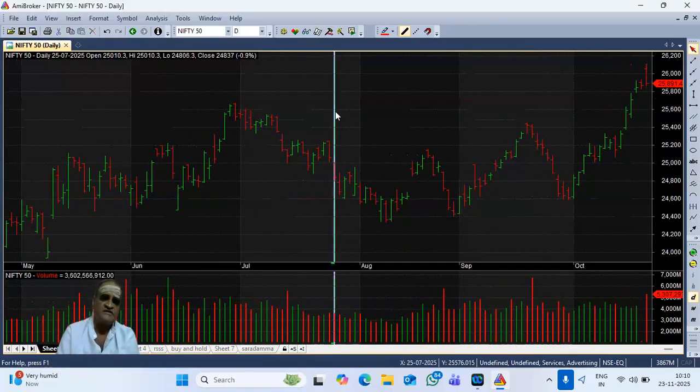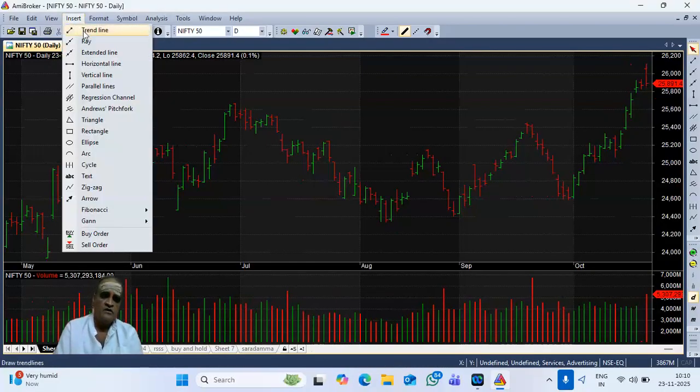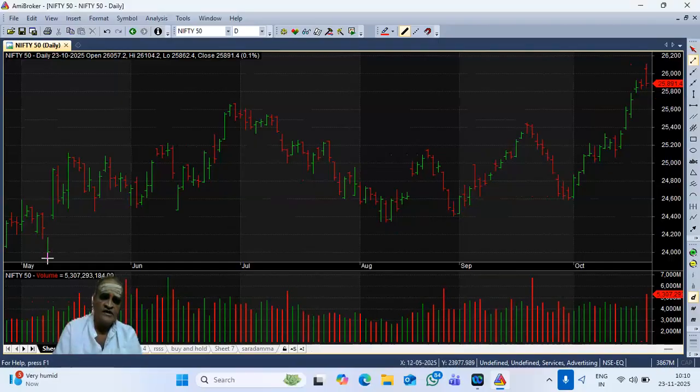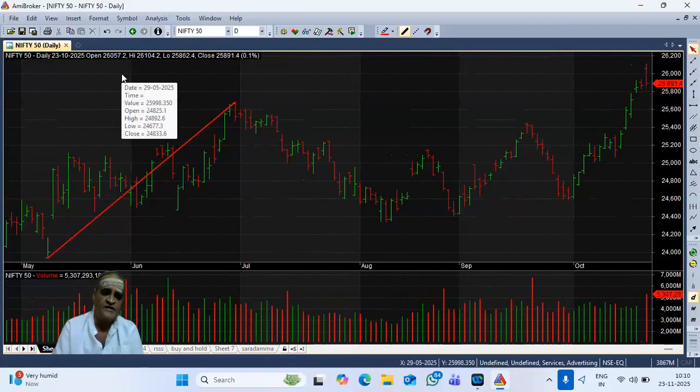What I exactly try to do is first I will connect a low to the next important and prominent top like this. Please note that I connected this low to this high, not low to low or high to high.